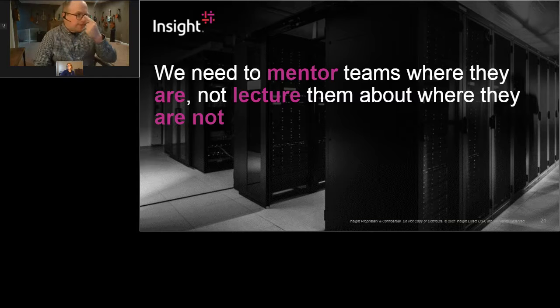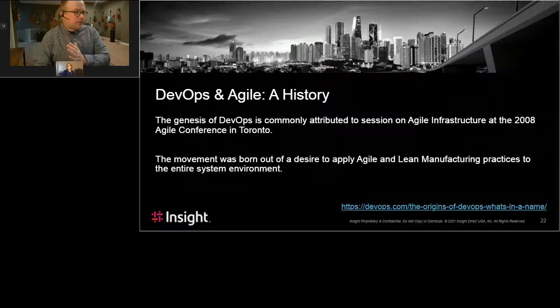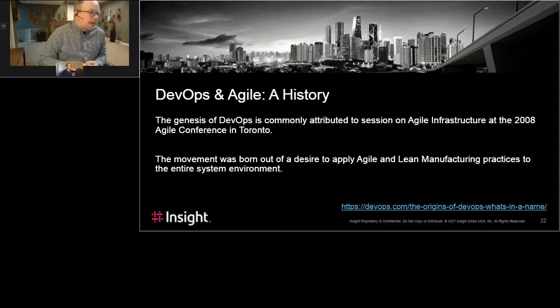So at this point, since we've acknowledged that, we're going to start to dig a little bit more into the Agile side. DevOps and Agile have this kind of history where DevOps was born out of Agile, and they've iterated together over the years, and the concepts around those have always had these shared values.